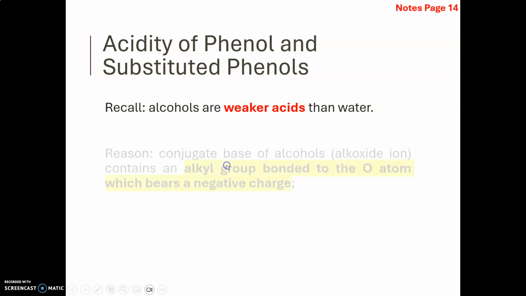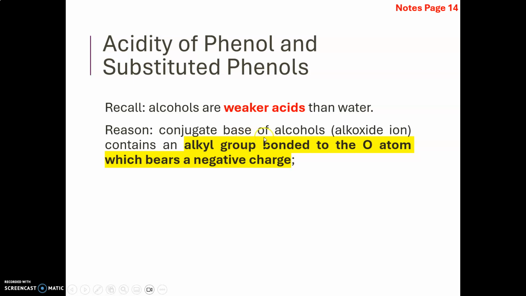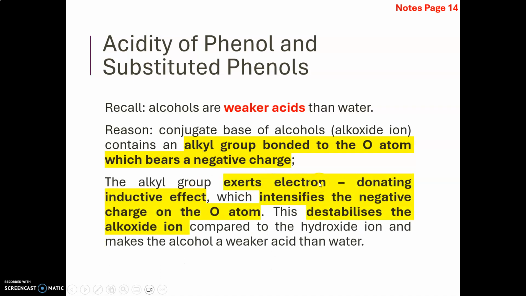And the reason for this is that the conjugate base of alcohols, which is known as the alkoxide ion, contains the alkyl group which is bonded to the oxygen atom, which bears a negative charge. And this alkyl group exerts electron-donating inductive effect, which will intensify the negative charge on the oxygen atom.